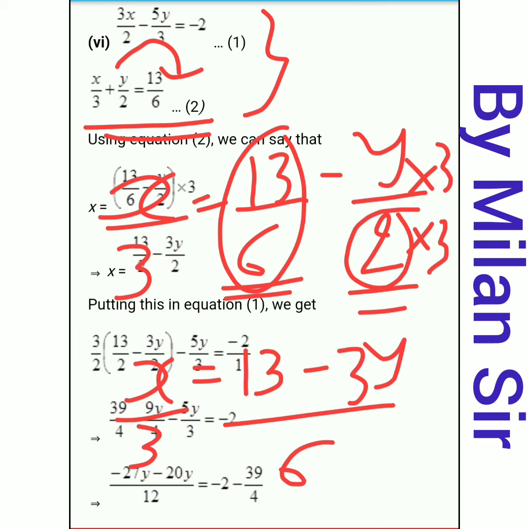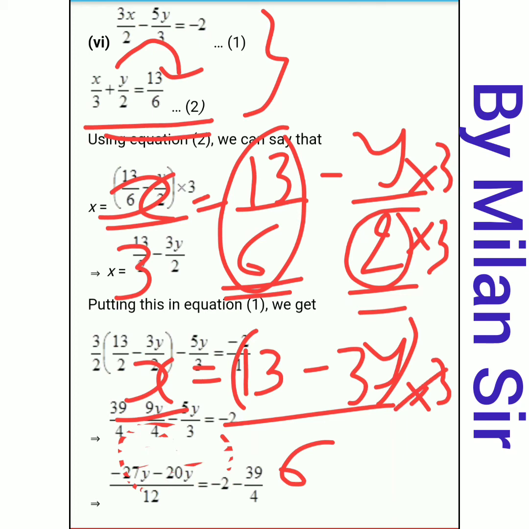Then we need to transfer this 2 to the right hand side, right? Then we need to transfer this 3 to the right hand side. It goes to the numerator, right? If we transfer 3 from left hand side to right hand side, it goes to the multiplication. So in right hand side we can simplify it.